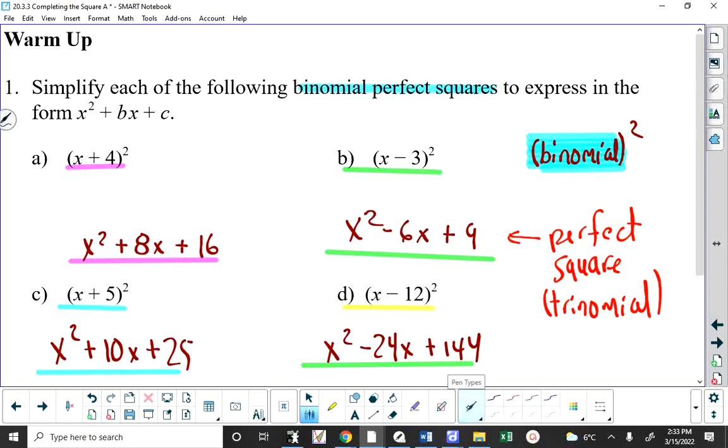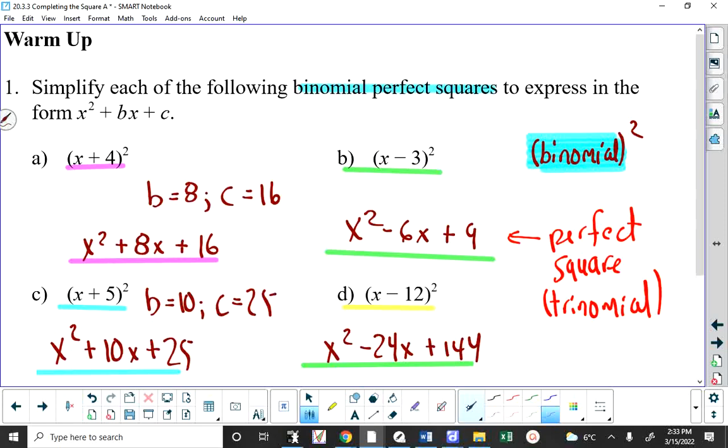In A, B is 8 and C is 16, right? In C, B is 10 and C is 25. I'm looking at the numbers in the expanded form.